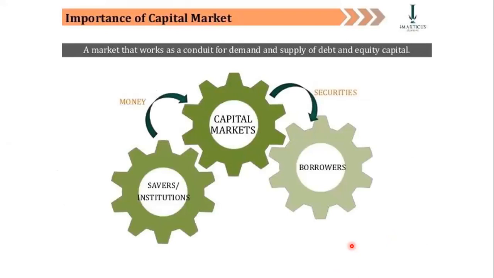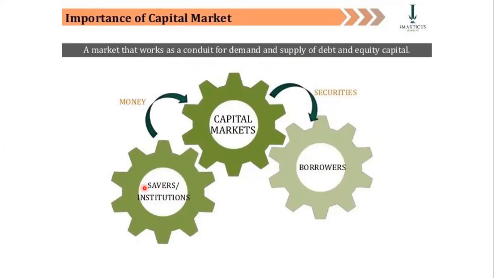Now we look at the importance of capital market. It is a market that works as a conduit for demand and supply of debt and equity capital. Here you can find the savers and depositors, especially institutions, and here the borrowers.